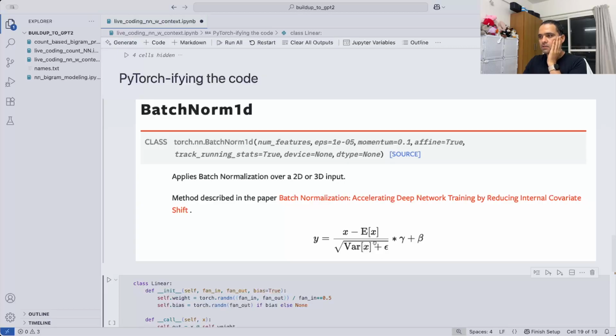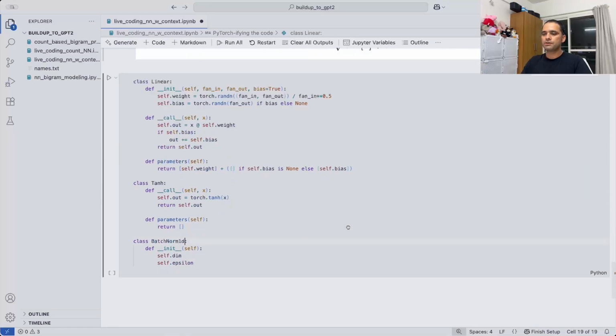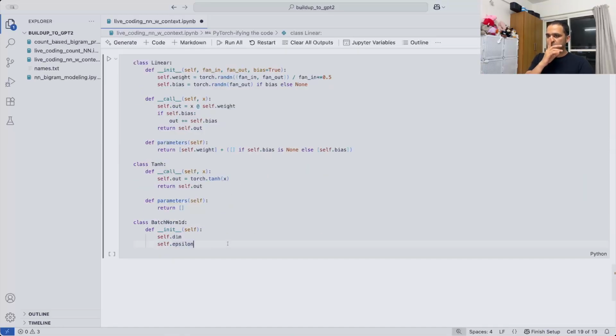Epsilon is a factor added in the denominator while standardizing the entire layer. Momentum is basically a parameter used to calculate the running values, the bngain and bnbias kind of parameters. For now, let's just keep self.dim and self.epsilon.